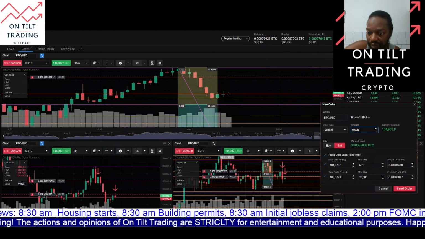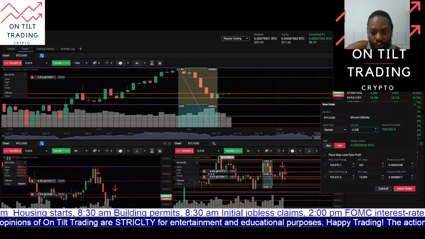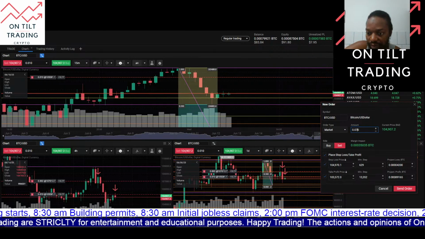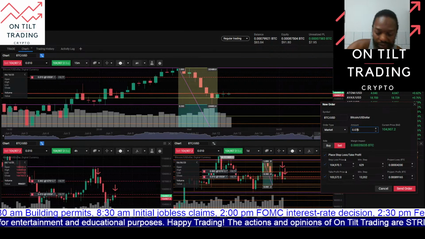So currently just adjusting risk to reward based on my potential entry price.